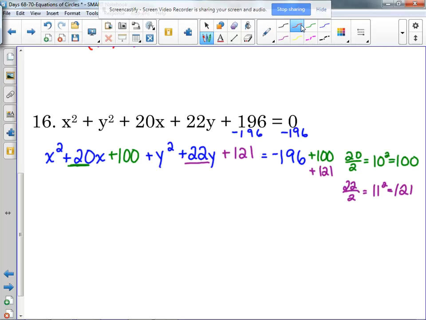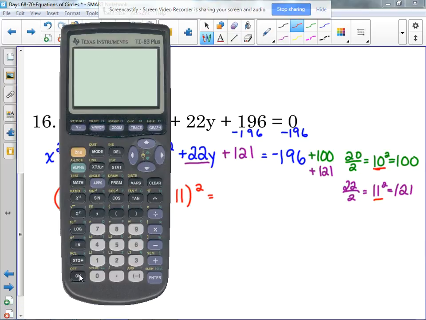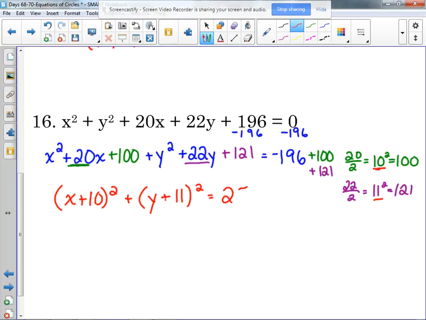Okay, so now we can factor. It's always the number that we squared. X plus 10 squared plus y plus 11 squared is equal to, let's see here, negative 196 plus 100 plus 121, which is 25.